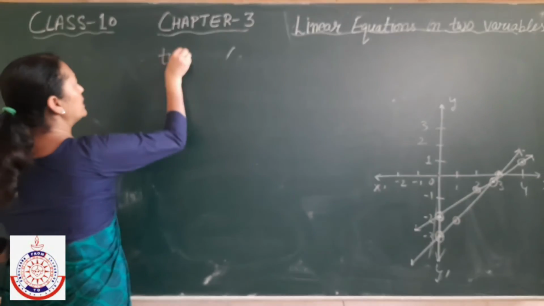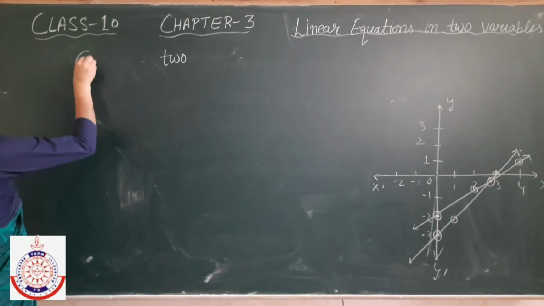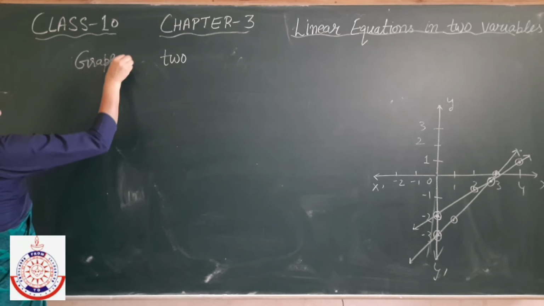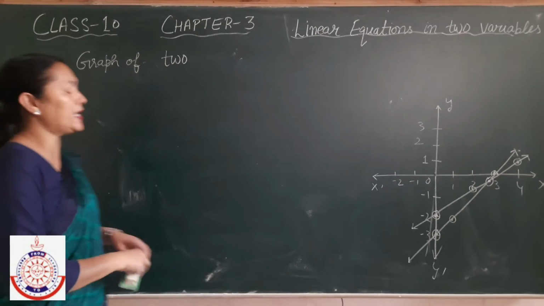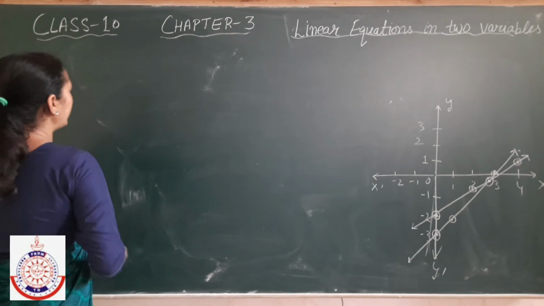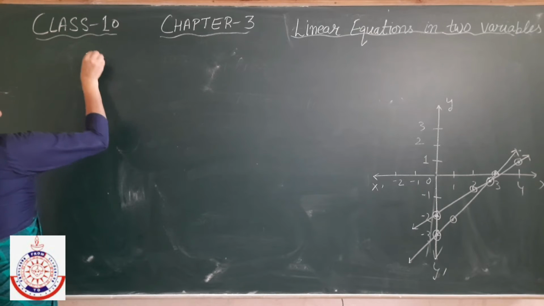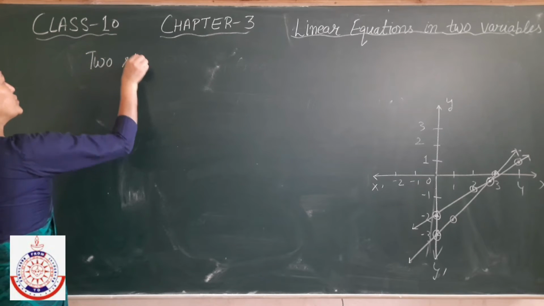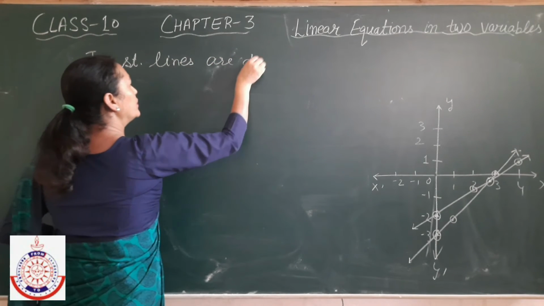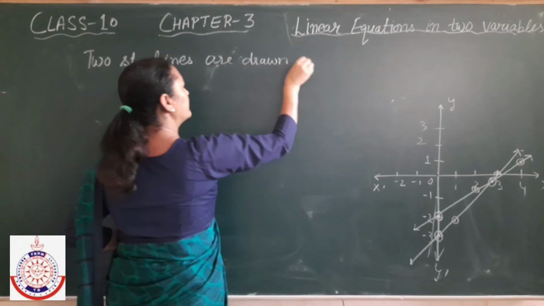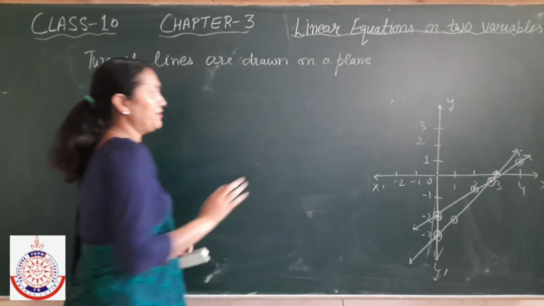If two straight lines are drawn on a plane, board, plain paper or graph, what three options we can have?